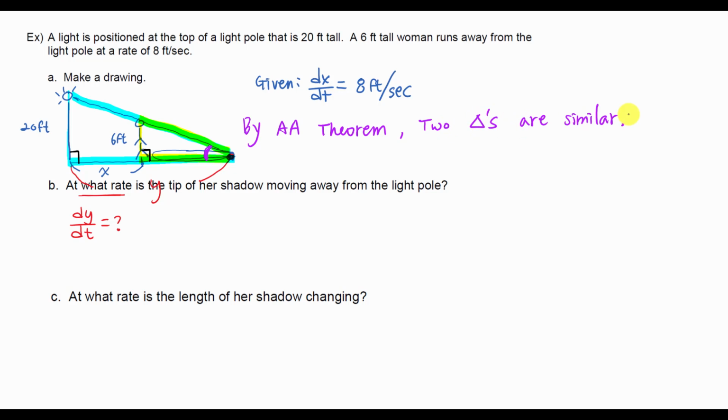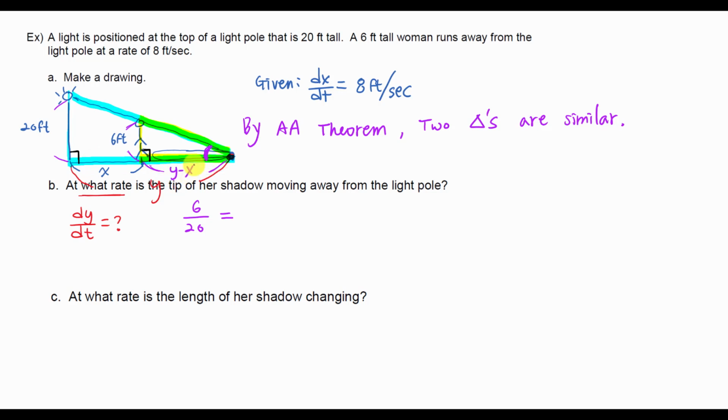Therefore, we can come up with a proportion. One leg of the smaller triangle is to the corresponding leg of the larger triangle. That will be 6 to 20. That has to be equal to another leg. What is this length here? The whole leg of the bigger triangle is y. And from the light pole to the woman, the length is x. So the remaining should be y minus x.